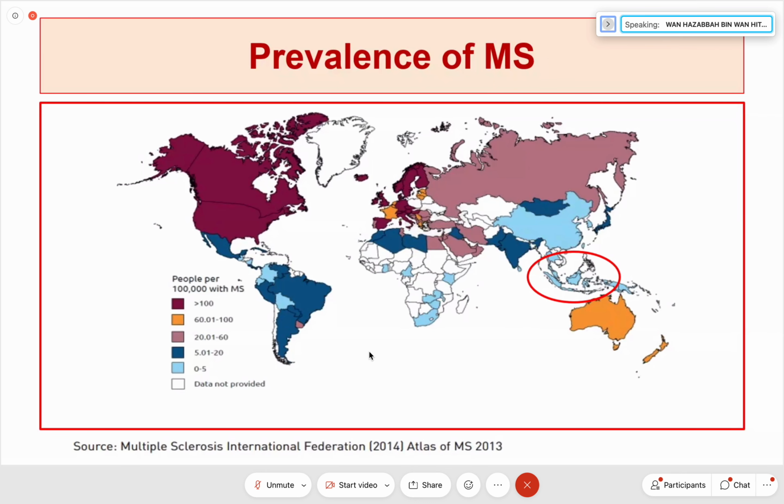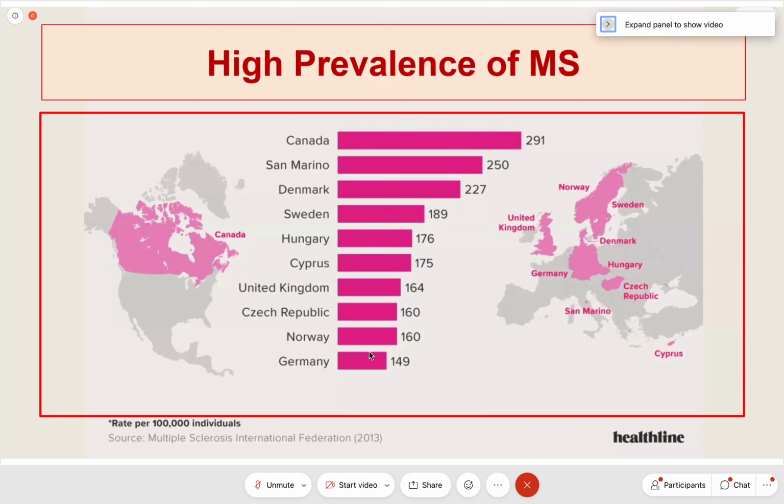So when you encounter a patient, most of our patients we need to investigate further, because the prevalence of MS is quite low here. This is per 100,000, sorry.